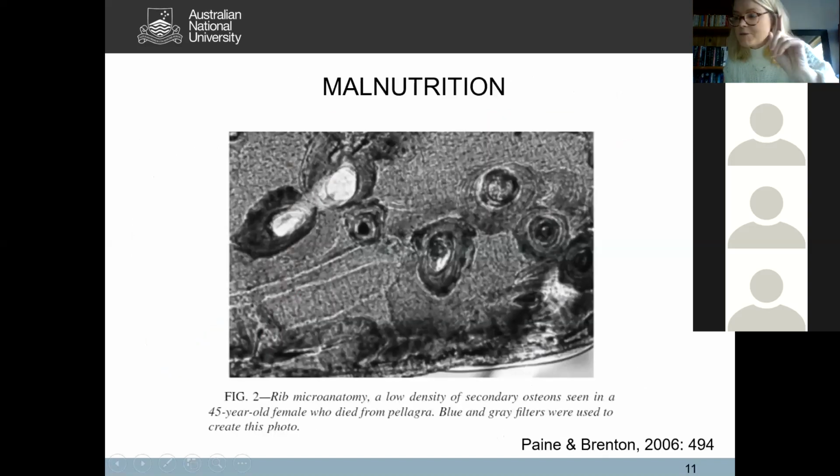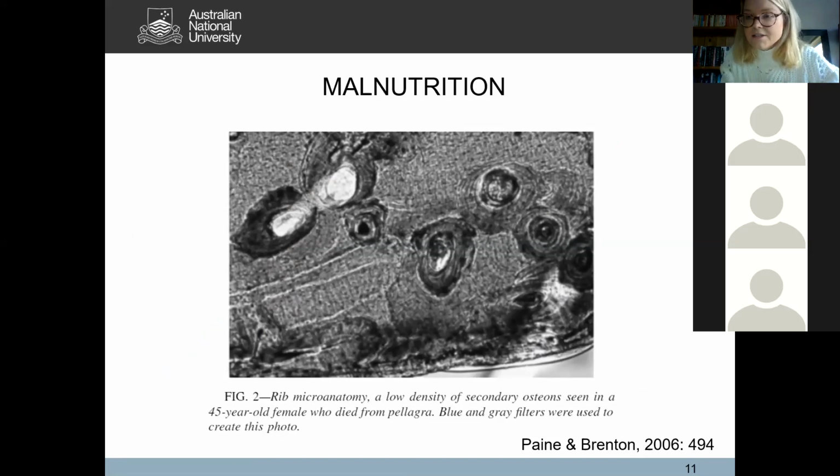That's that. And then just one more example, and then we'll move on. Malnutrition. Those of you who work in an area that deals with those sorts of questions, Payne and Brenton demonstrated in the 2006 paper, which you've got on the reading list, that severe malnutrition can also, I think they technically use the word arrest, arrest remodeling. I'm not sure that's the correct term to use.